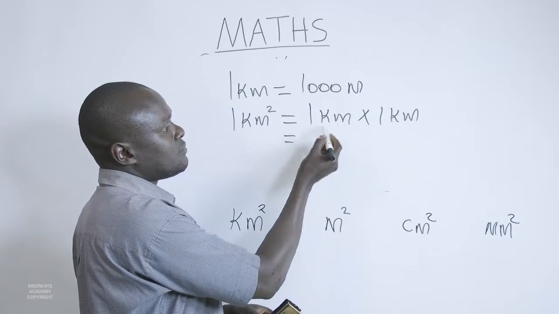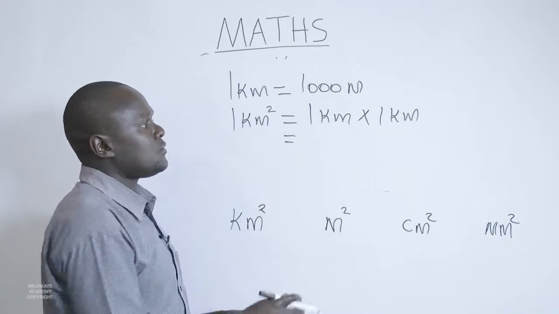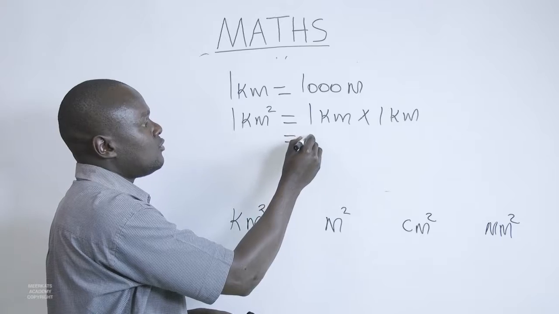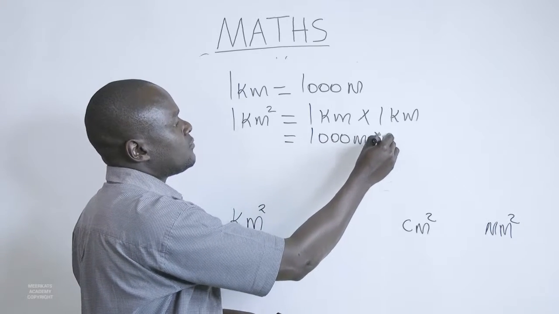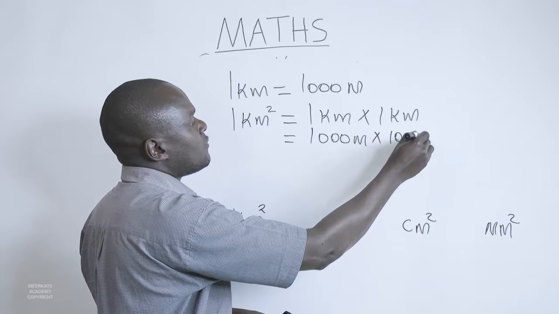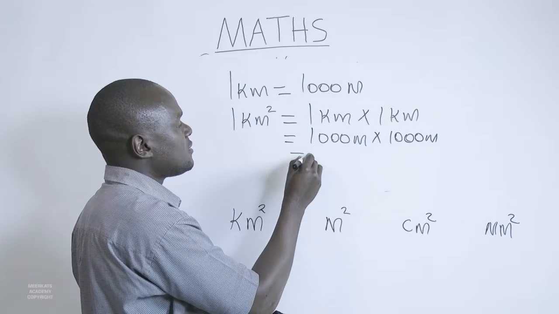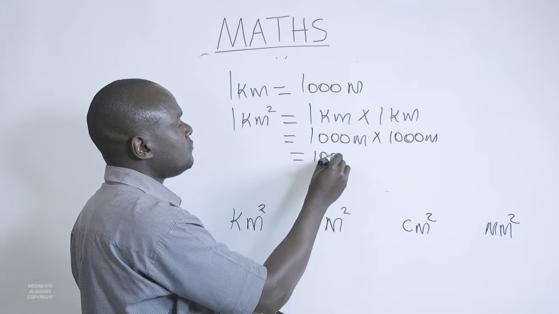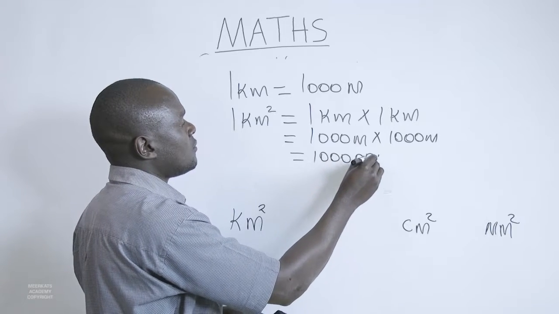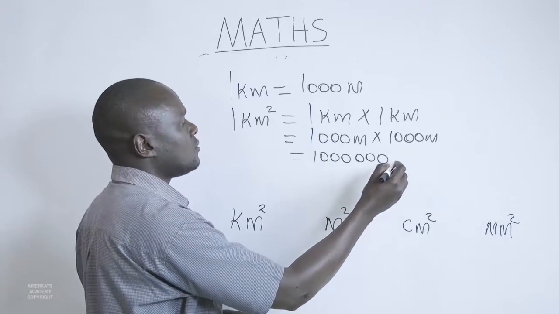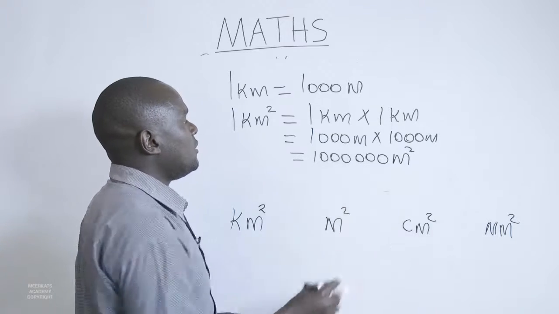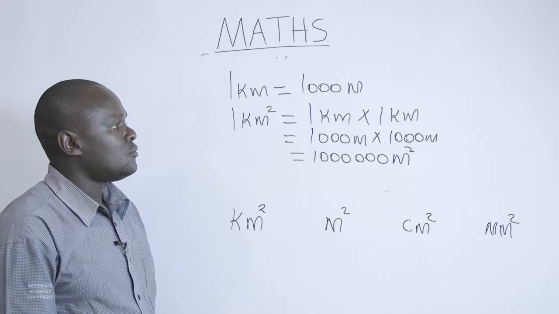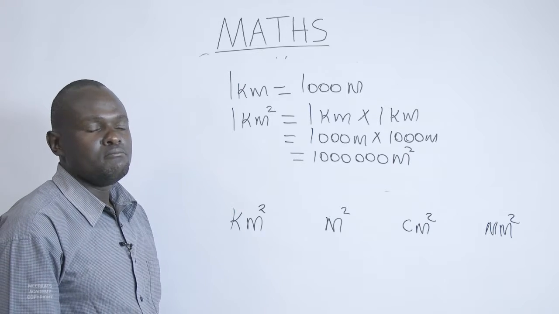And this we can convert to meters. A kilometer is equal to 1,000 meters, multiplied by 1,000 meters, giving us 1 million square meters.